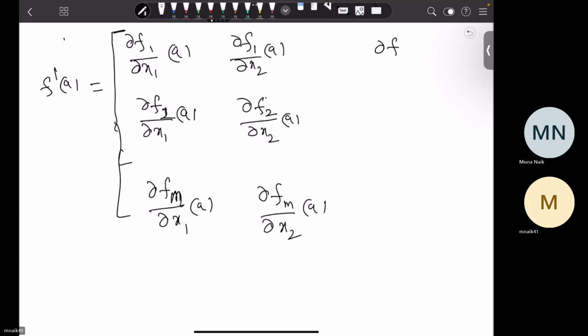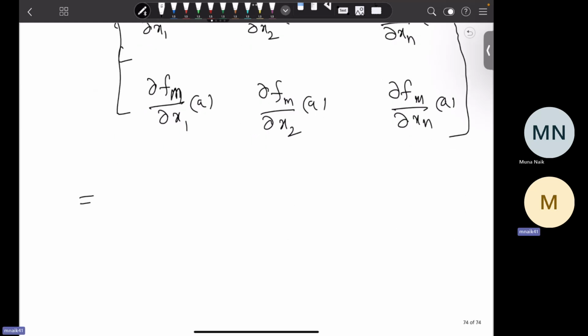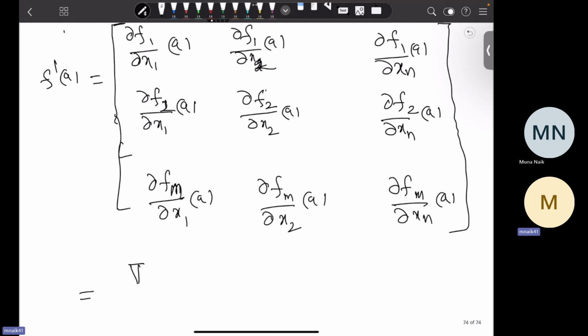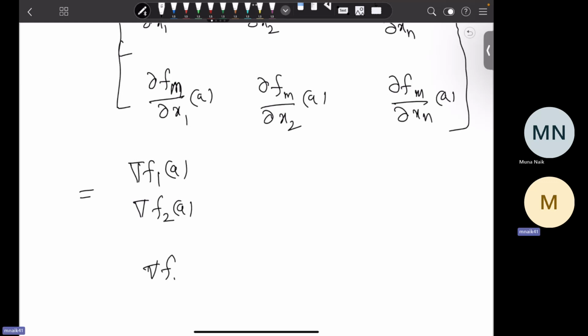Similarly, the last column is del F1 by del Xn at a, del F2 by del Xn at a, down to del Fm by del Xn at a. If you look at this, it is nothing but the grad of f1 at a, grad of f2 at a, up to grad of fm at a.